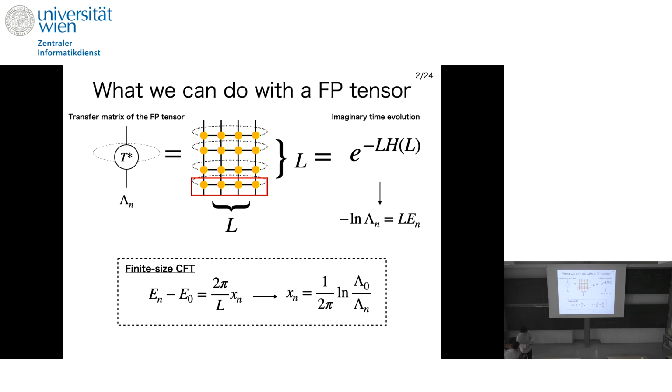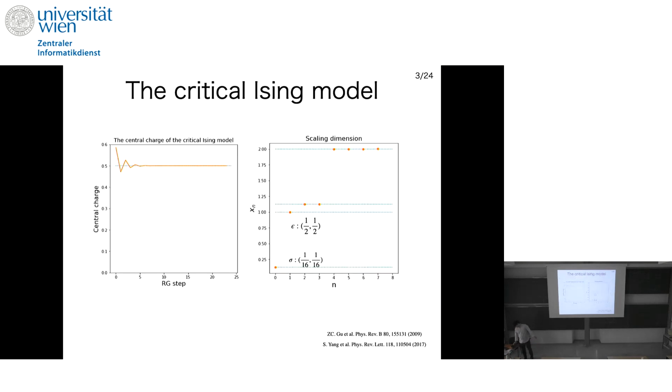This one, okay, sorry. So just taking the ratio of the fixed point tensor, you get the scaling dimensions. Same for the central charge. Really great. And these things are tested in a lot of models, such as the Ising model.